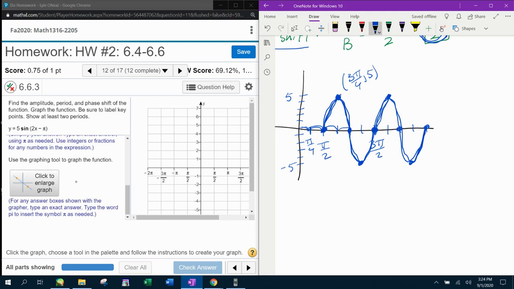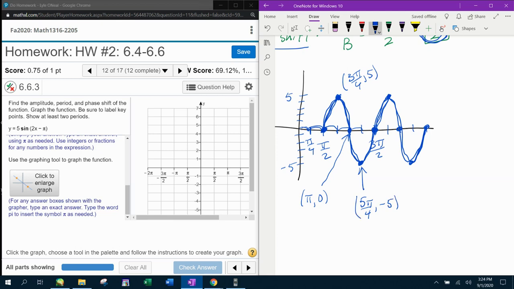Another fourth would be 4/4. So this point would be pi comma 0. That's 4/4, okay? Another fourth would be 5/4, and that's going to be at -5.